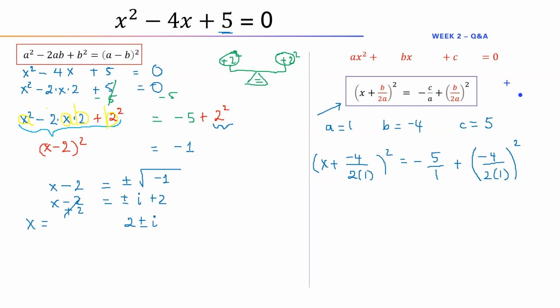Right, we simplify it. So negative 4 divided by 2 is negative 2 squared, right? Negative 5 divided by 1 is negative 5. Negative 4 divided by 2 is negative 2, all squared. So that makes it 4, okay? So x minus 2 squared equal negative 1.